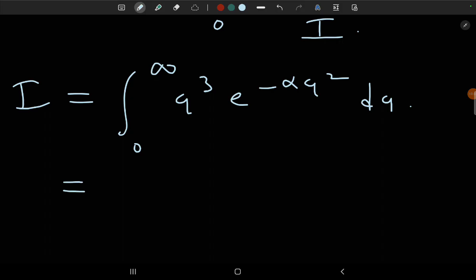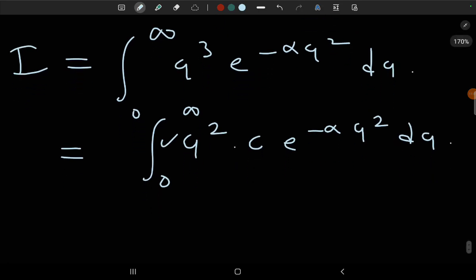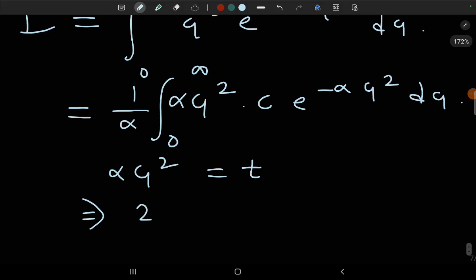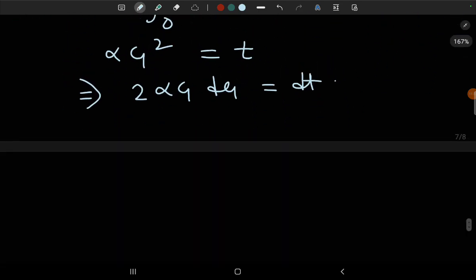The standard way would be, well, we can write this c1 cubed as c1 squared into c e to the power minus alpha c1 squared dc1, and we will multiply and divide by alpha. So we have this alpha c1 squared here, let's take it as t. So we have 2 alpha c1 dc1 equal to dt.